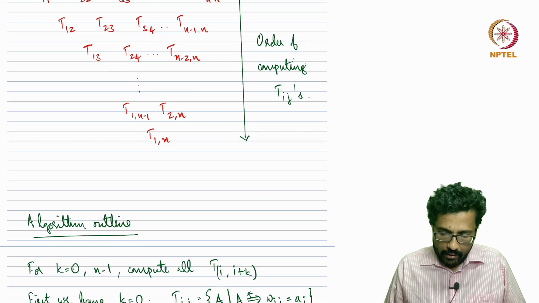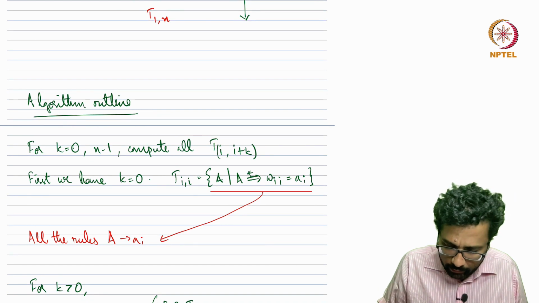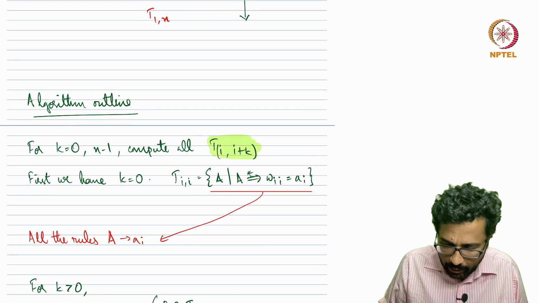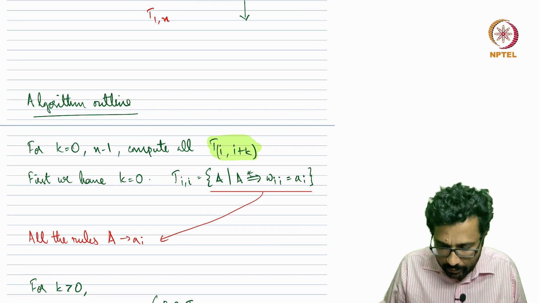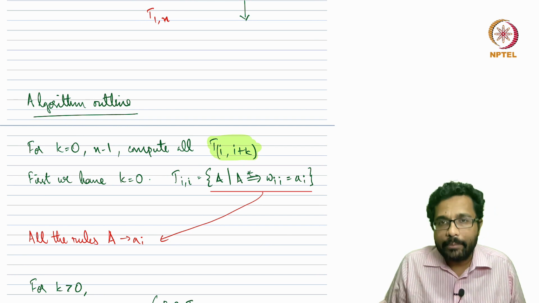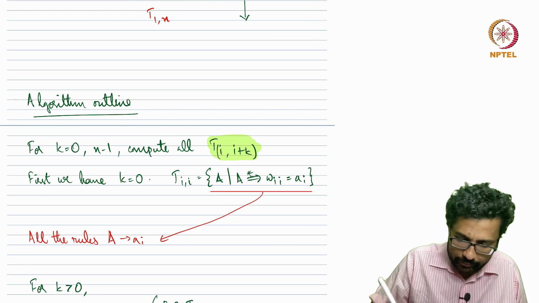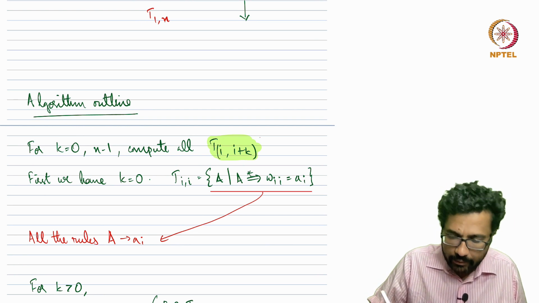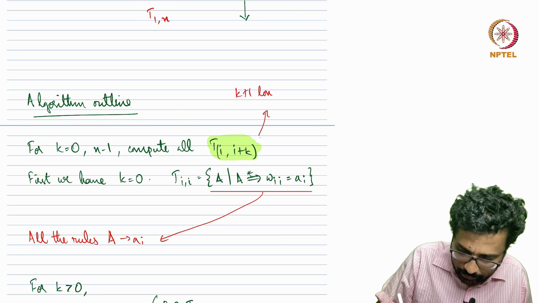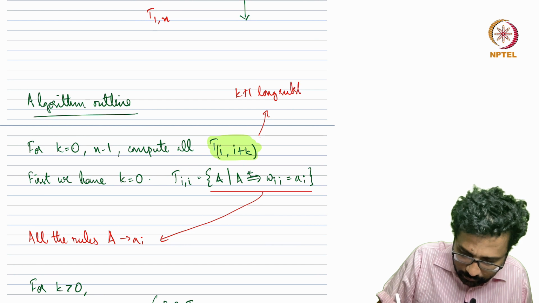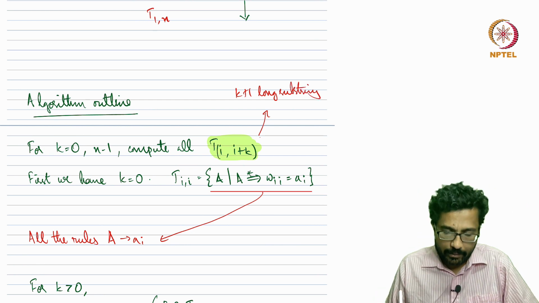We are going to compute all Ti, i plus k, where the substring goes from the ith symbol to the (i plus k)th symbol, which is a substring of length k plus 1.